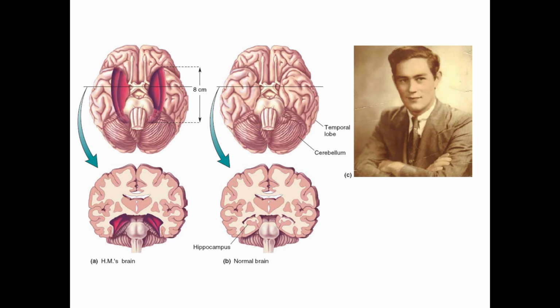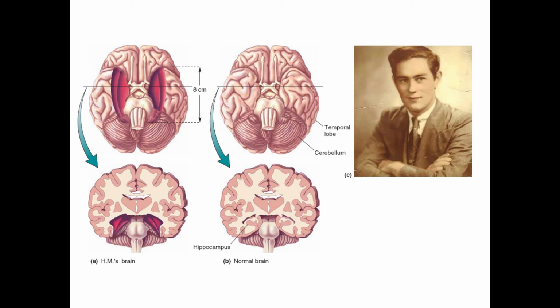They removed bilaterally both inner parts of the temporal lobes. You can see in the images which parts of the brain were removed, and as a result, HM was unable to remember new things. He had what we referred to before as anterograde amnesia, and he was never able to remember anything new after the surgery, even 50 years later.